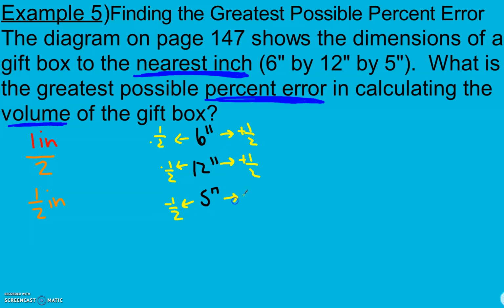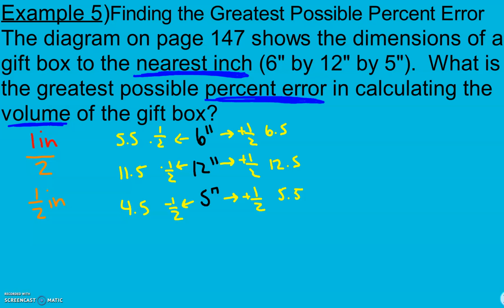And all of those measurements would have rounded to 6, 12, and 5. Anything less than that goes down, anything more than that goes up. So it would have been either 5.5 or 6.5, 11.5 or 12.5, 4.5 or 5.5. My minimum measurements here are 5.5, 11.5, and 4.5. My maximum measurements are 6.5, 12.5, and 5.5.